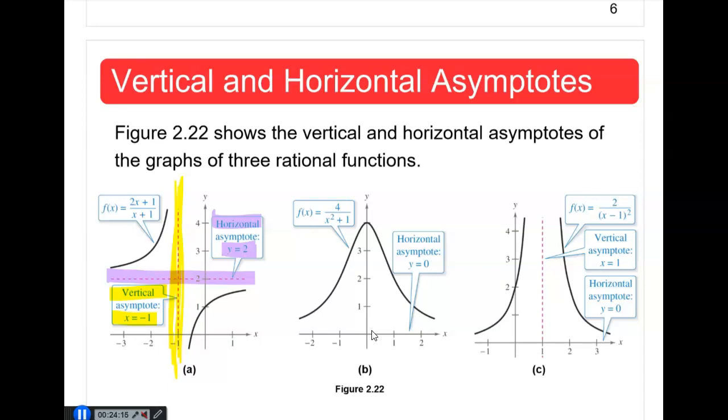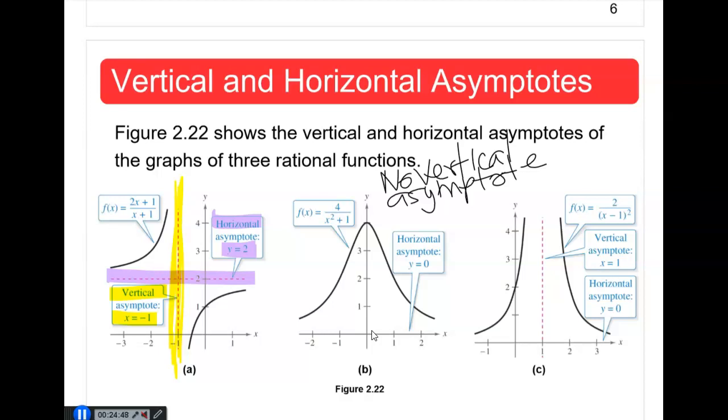Then the next graph has no vertical asymptote. You guys notice? And that is fine. So, some might not have it. It comes from the fact that the domain of this function is all real numbers, and you might think, well, isn't there a number that will cause the denominator to equal 0?